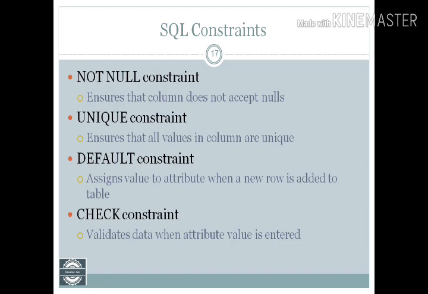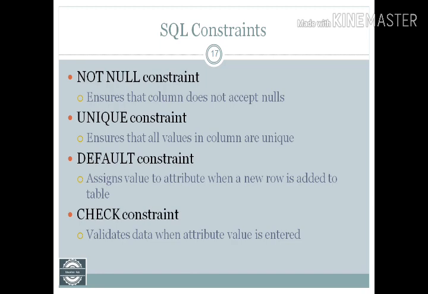Not null constraint, unique constraint, default constraint or check constraint should be in our SQL. Not null means there should be some value. Unique constraint means the value should be there obviously, but each and every record should be different.